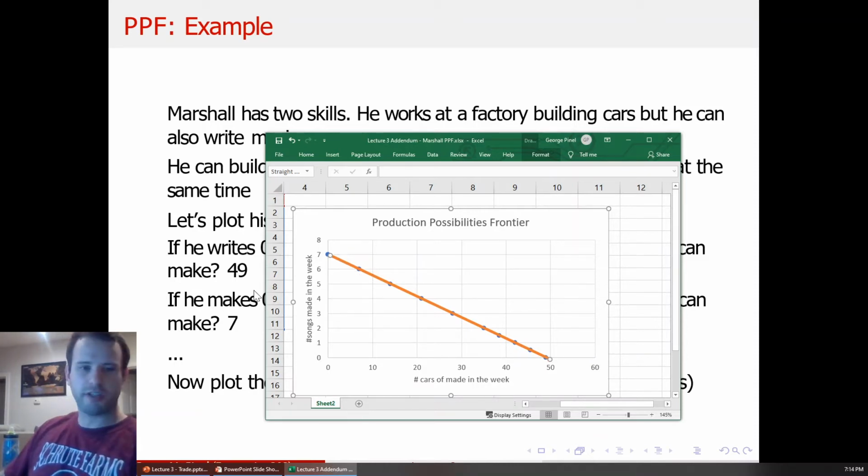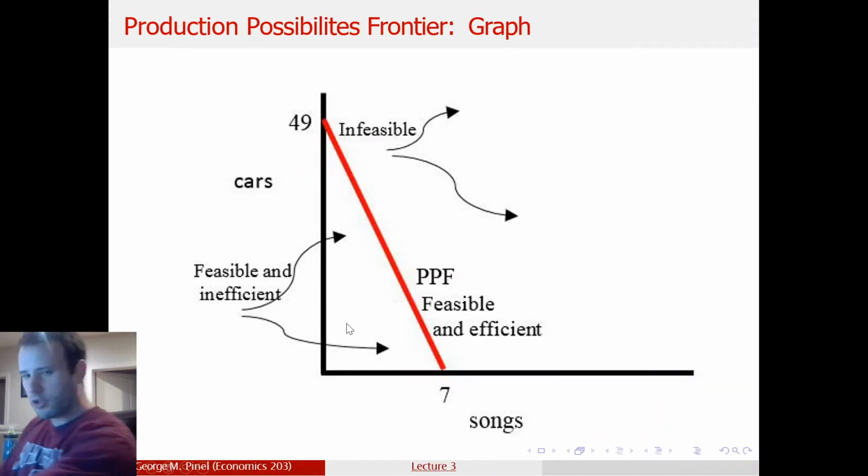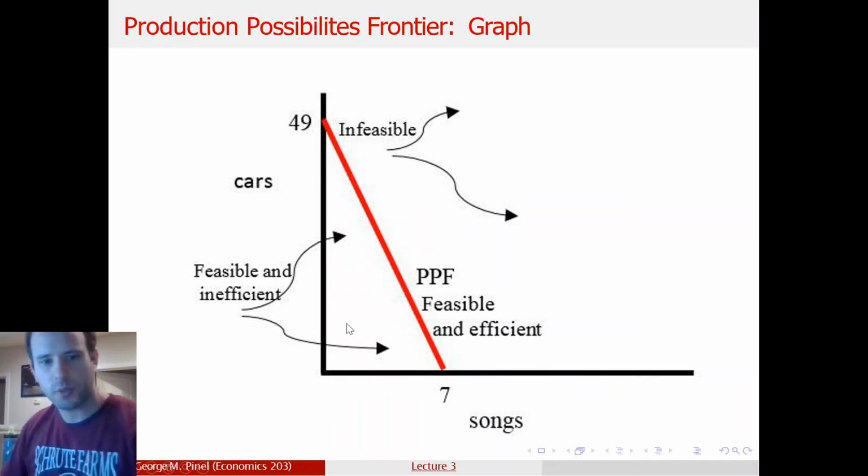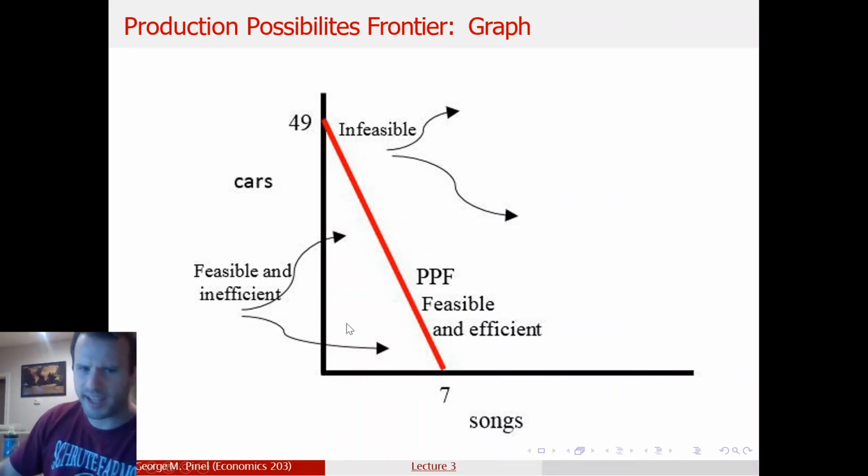So I'm going to show it the way that I would like to see it when you do your homework. This is a production possibilities frontier for Marshall, and I'm going to break down what everything means and how I'd like to see it when you're doing the quantitative assignment number 1.